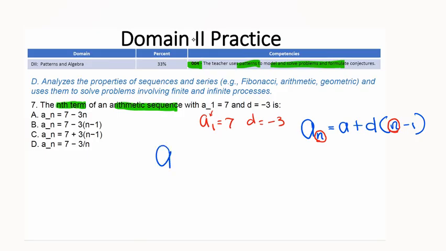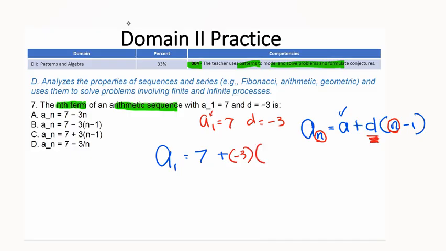A sub 1 is the first number. It's 7. I'll use this plus my d, which is -3. I'll change the color so you don't get confused. My d is -3, and I'll put parentheses.